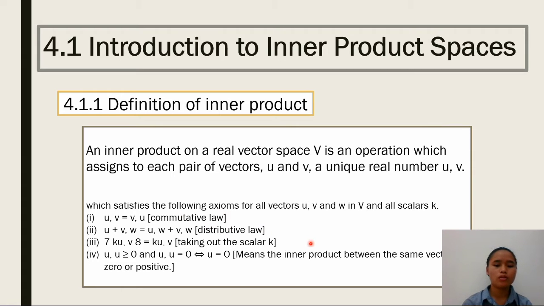Second, the distributive law. Third, taking out the scalar k. And fourth, the inner product of a vector with itself is zero or positive.